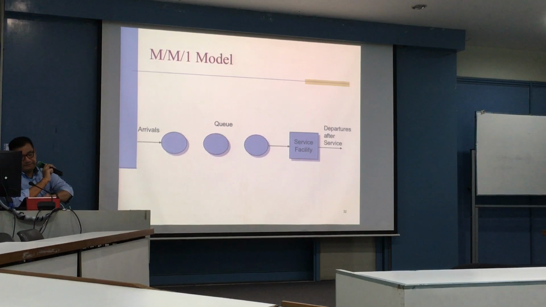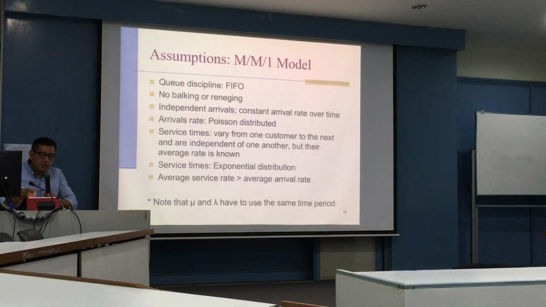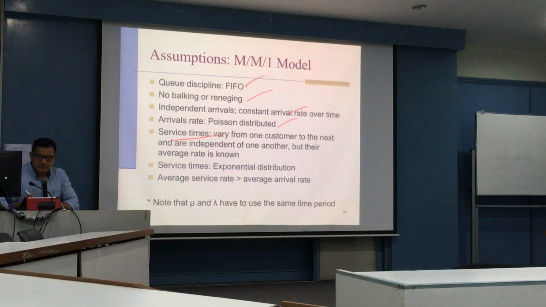Okay, and once again, we're using FIFO, no balking, and all the assumptions we already talked about. Arrival rate follows a Poisson distribution, so the time between arrivals is exponential.